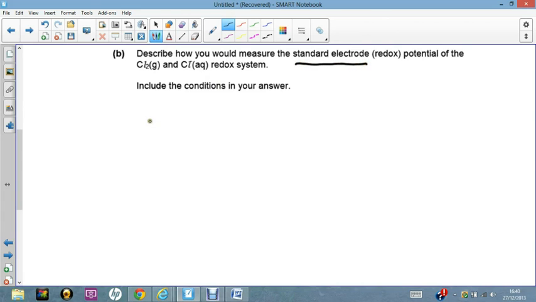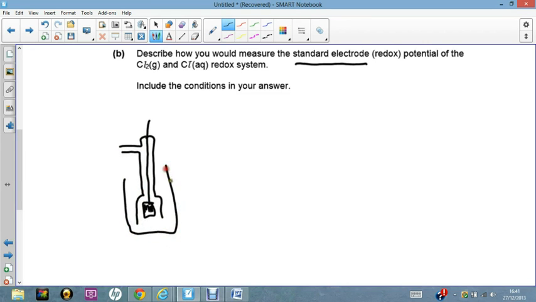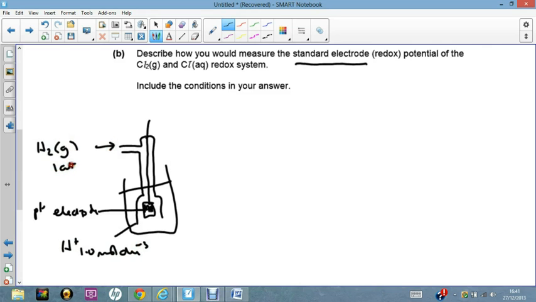So because it's the standard electrode potential, it will be connected to the hydrogen half cell, which you should all know how to draw. Because Cl2 is also a gas, we're using a gas electrode on this side.